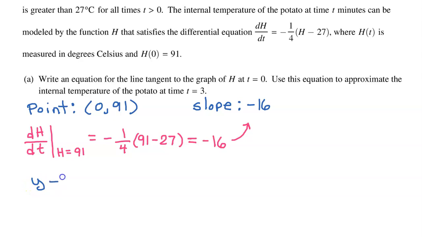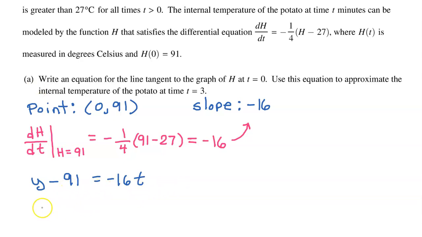It will go y minus y1, so y minus 91, is equal to the slope, negative 16, times t minus t1, which is 0. We don't really need the minus 0, so let's just write this.